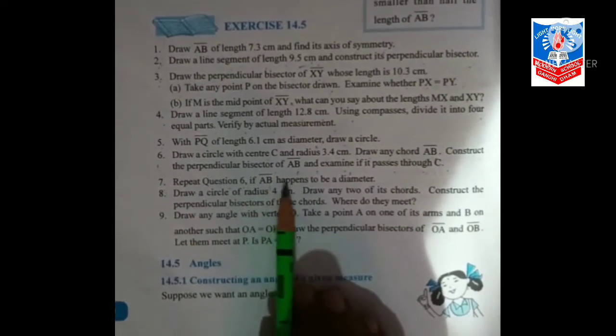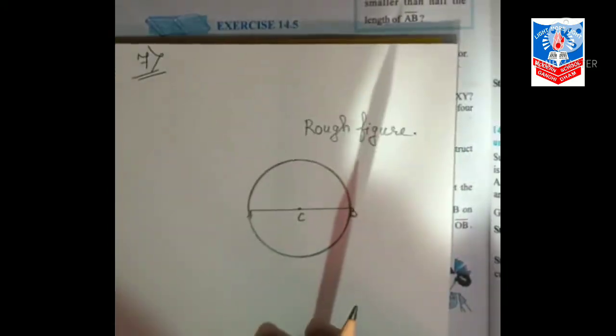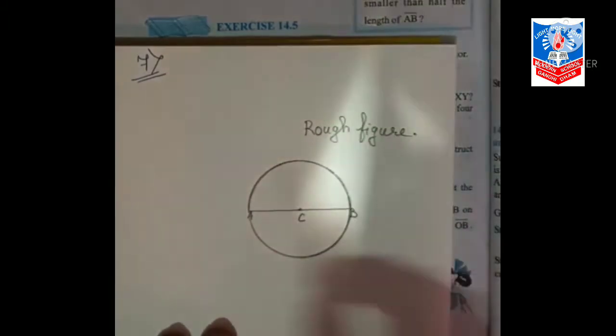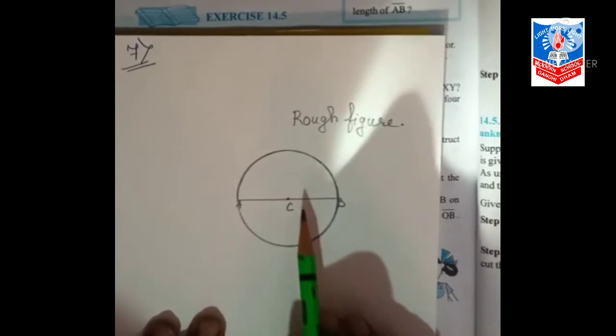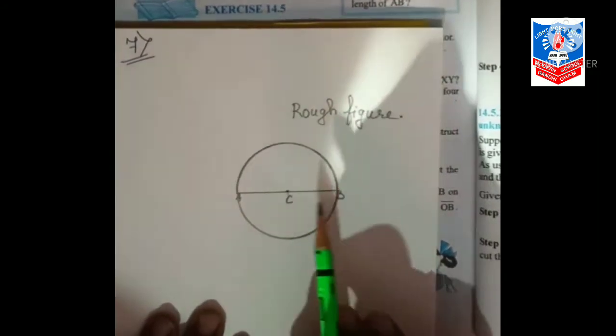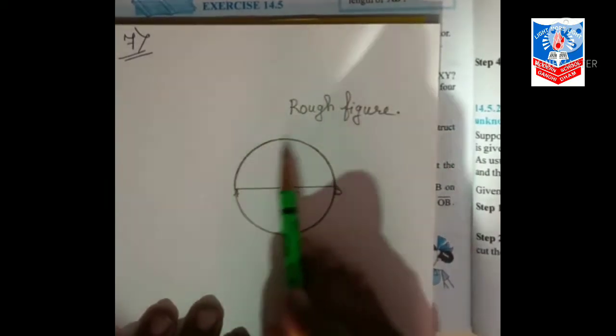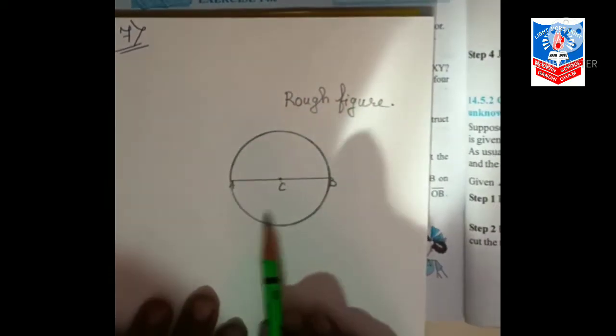If line segment AB happens to be a diameter. Now in this question, we have to repeat question number 6 here. With center C and radius 3.4 centimeter, you have to draw a circle. In question number 6, AB was the chord.